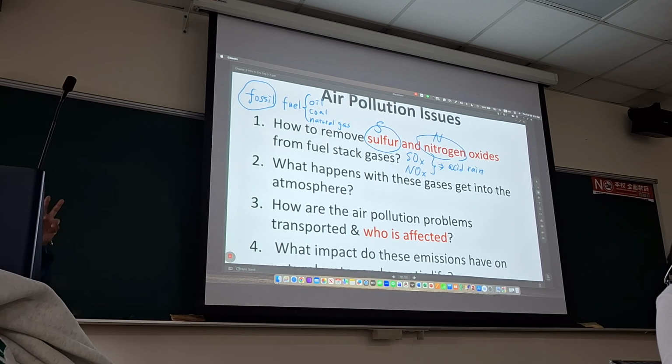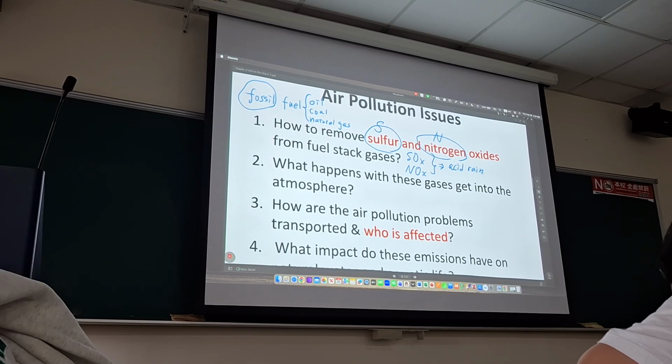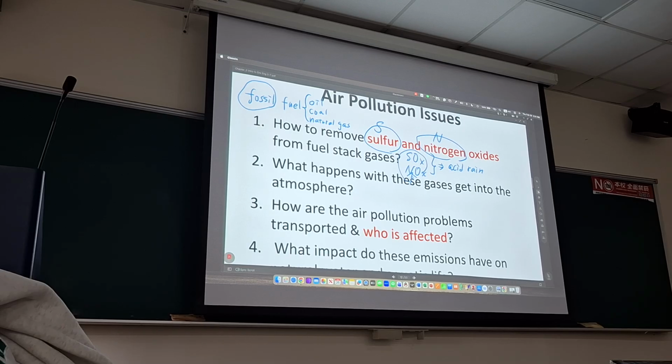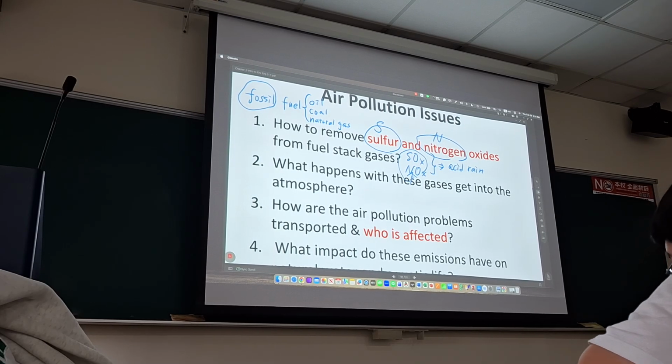The second question is, it is impossible to remove all of them. So what happens with these gases, SOx and NOx, when they get into the atmosphere?